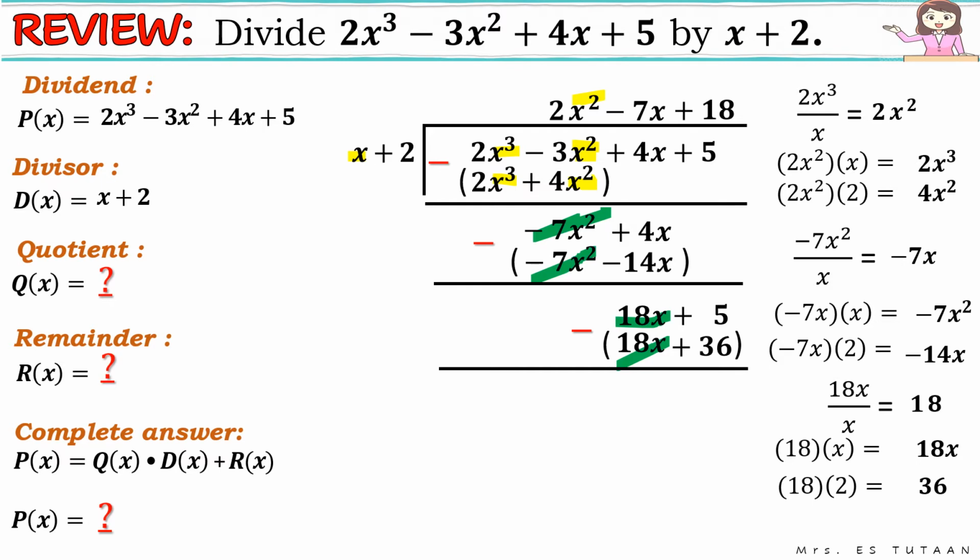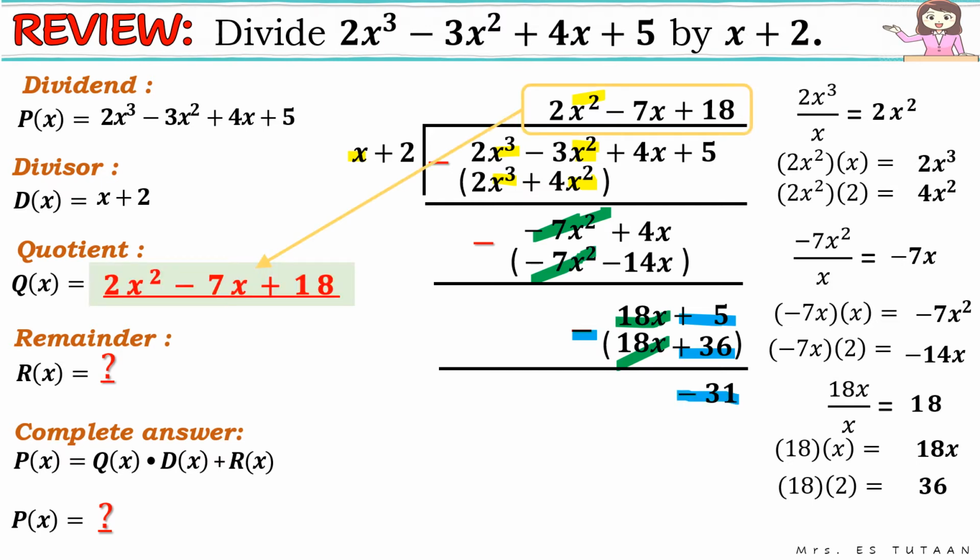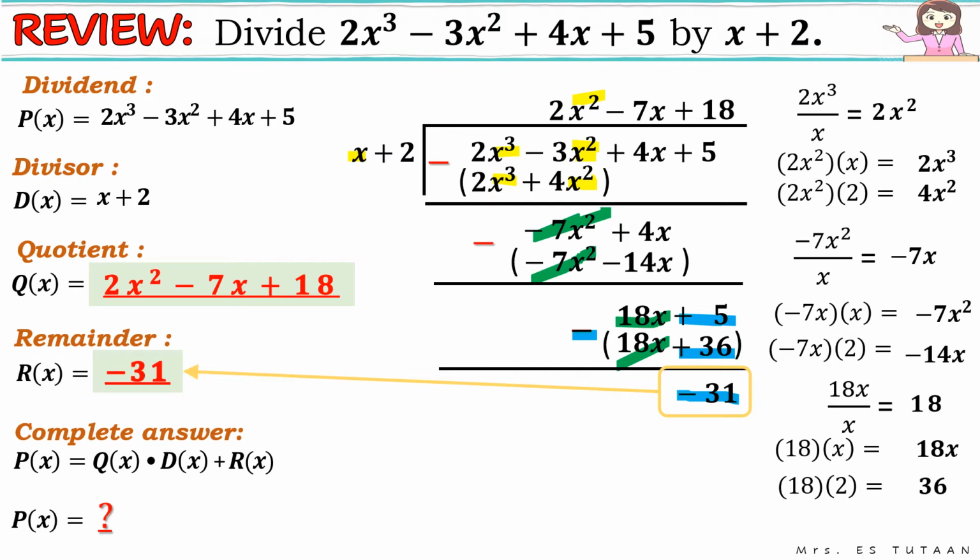So, we have now positive 5 minus positive 36. So, that will give us negative 31. So, ang remainder natin ay itong nandito sa baba ay negative 31.